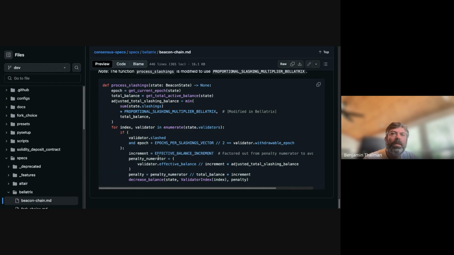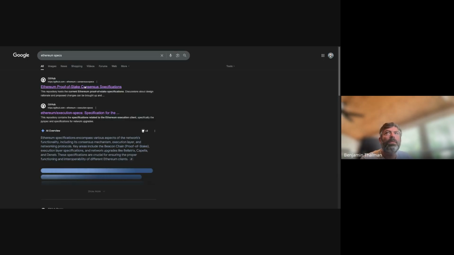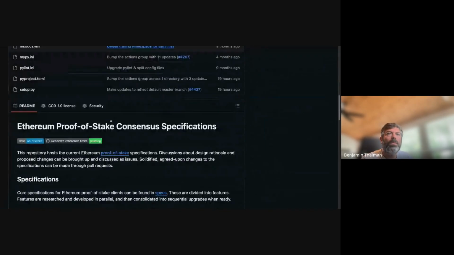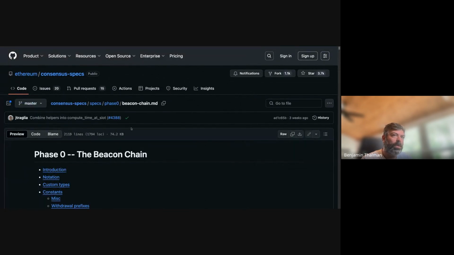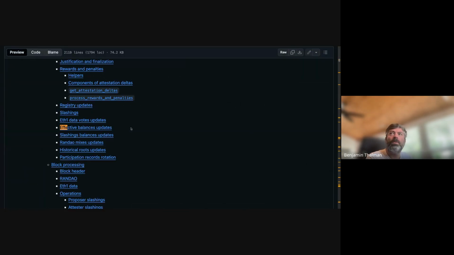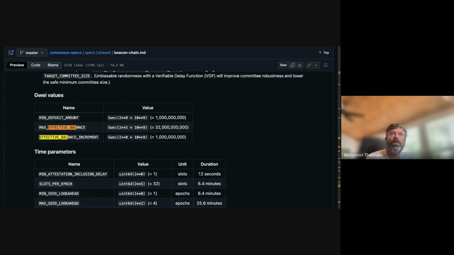And you can check that, and I'll just do it now. Ethereum specs, it'd be in phase 0, beacon chain. Let's go. Effective balance increment, there it is. You can see it's 1 billion.